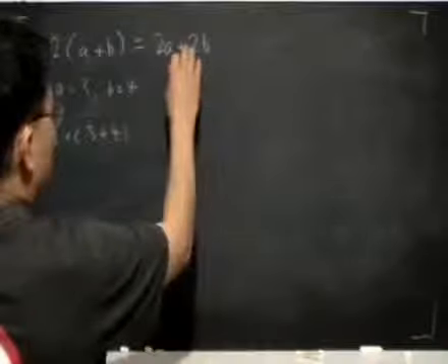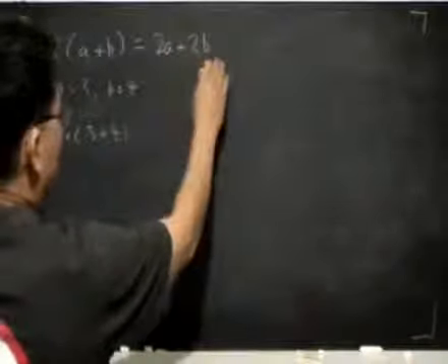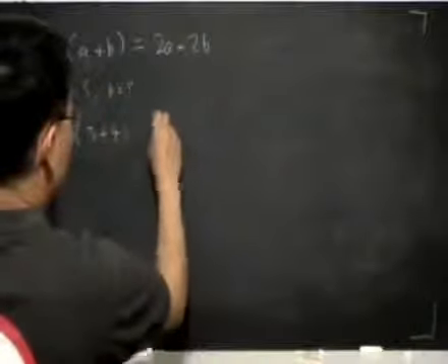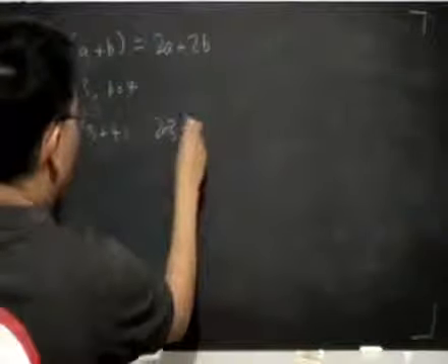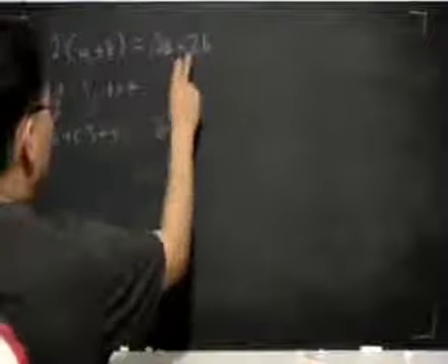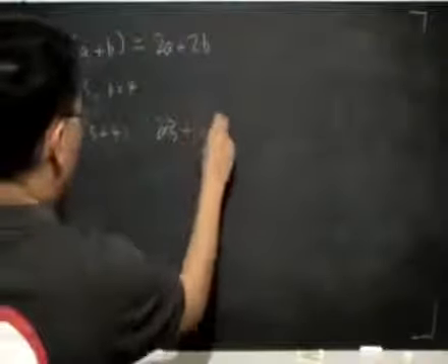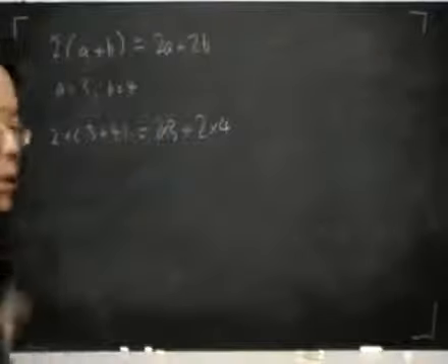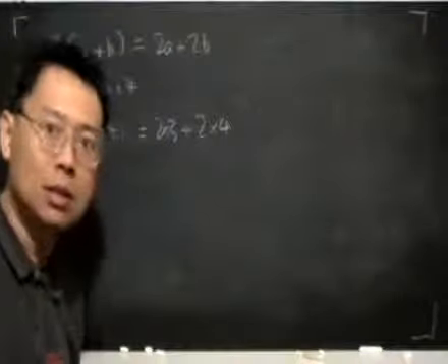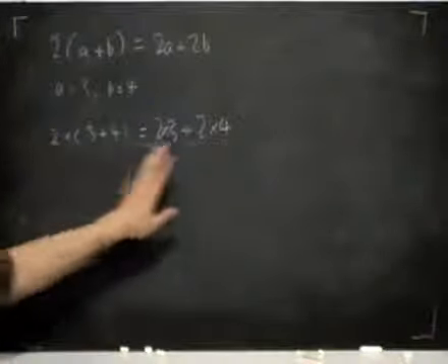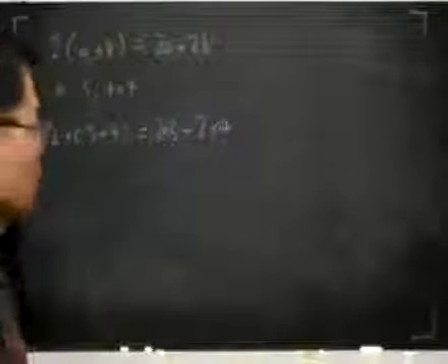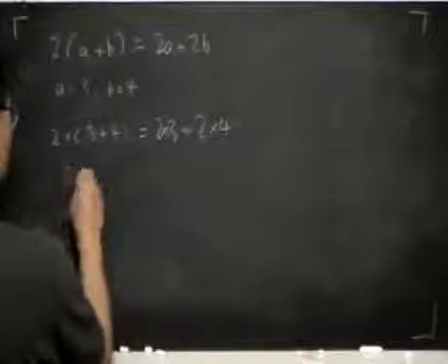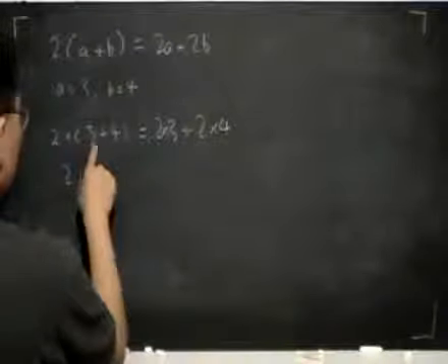Now on the right hand side, I have 2 times a, which is 3, and 2 times b, which is 4. You can check easily that these are equal. 3 plus 4 is 7.